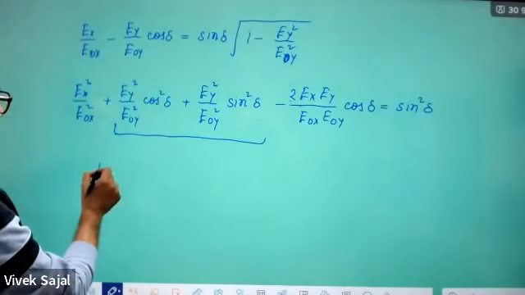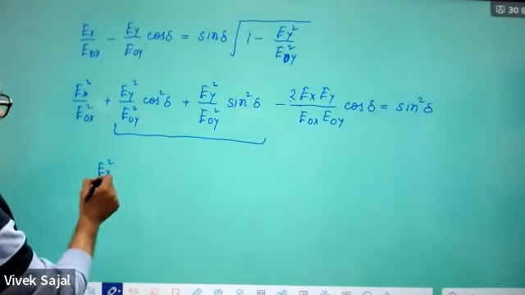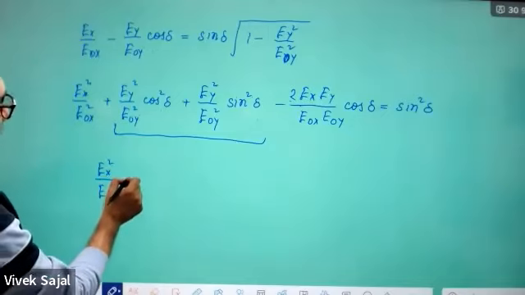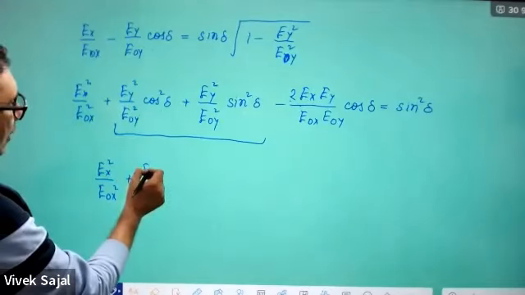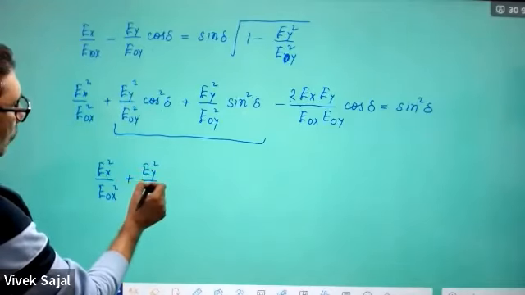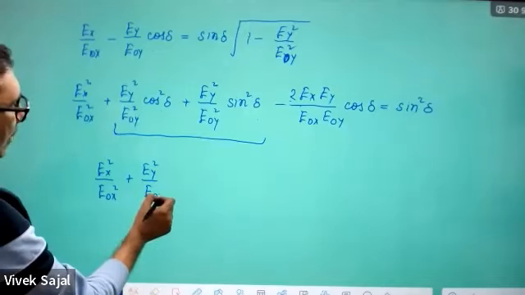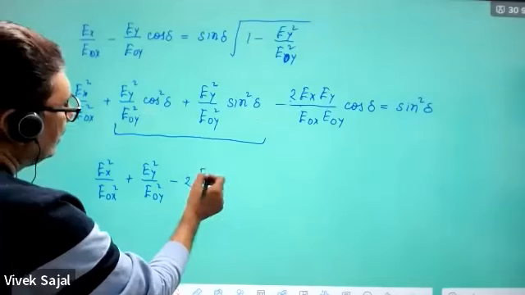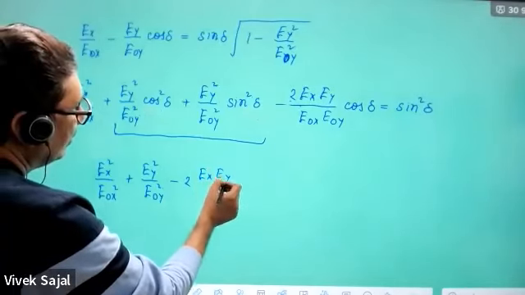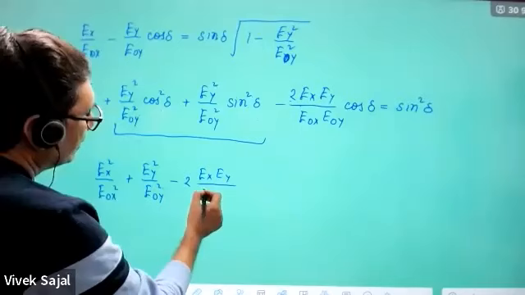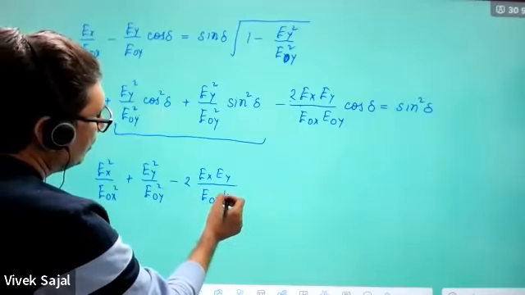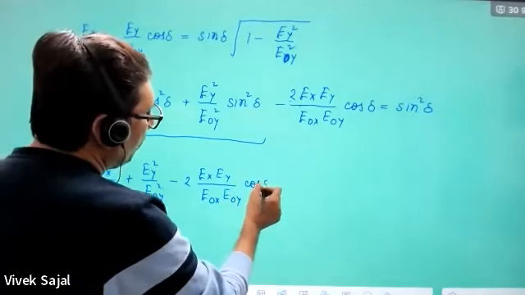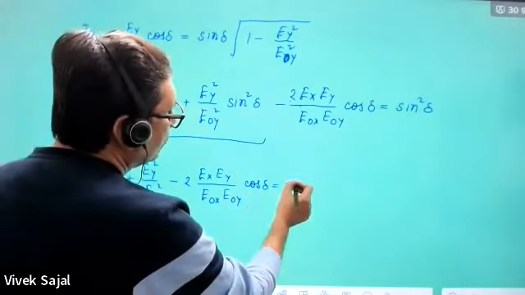This will be Ex square upon E naught x square plus Ey square upon E naught y square minus 2 times Ex Ey upon E naught x, E naught y cos delta equal to sine square delta.